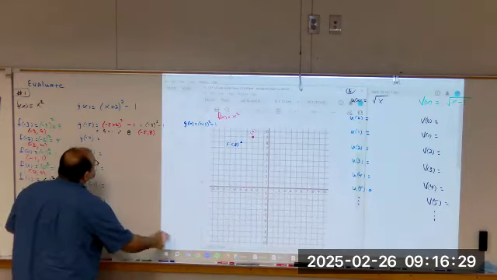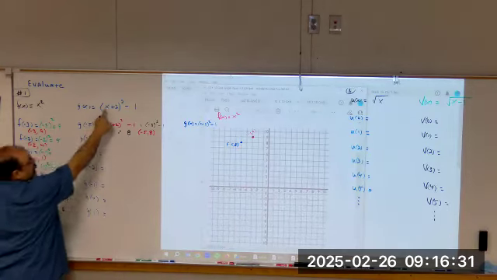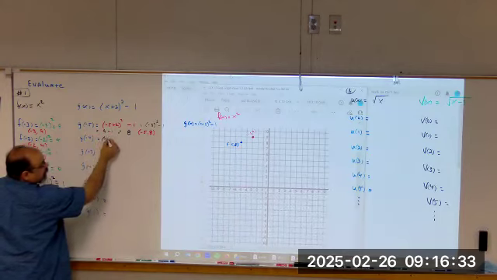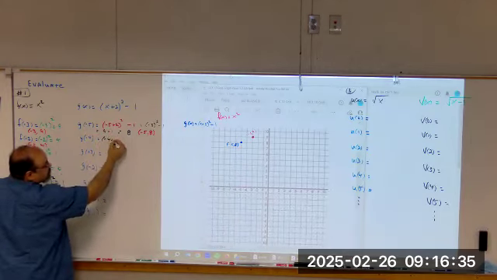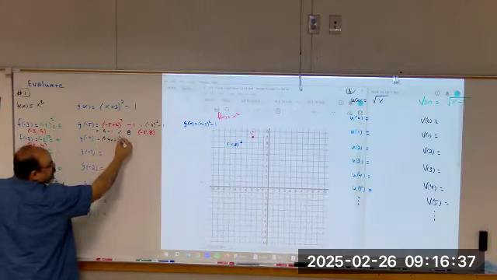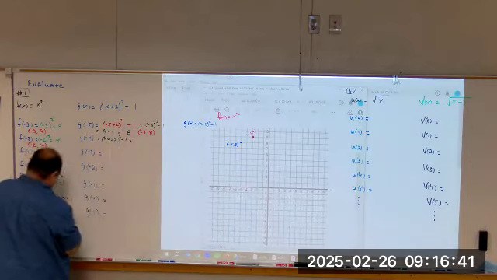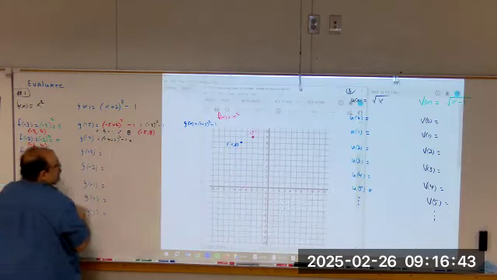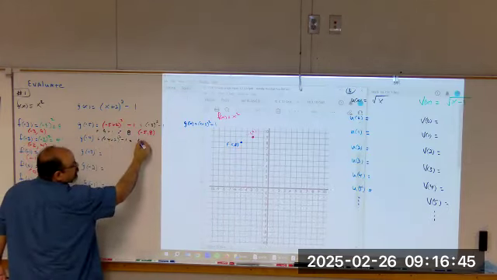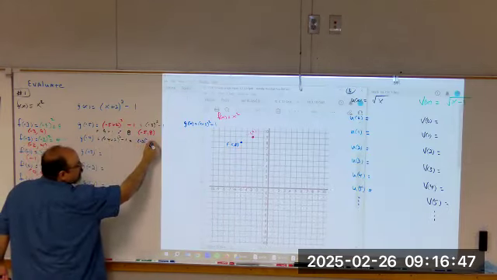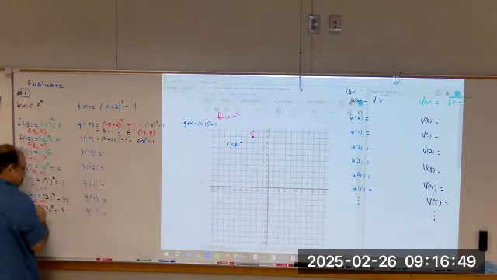All right. -4 goes in. -4 plus 2. And then we're going to square it and then take away 1. -4 plus 2 is parentheses -2 squared. And then we take away 1.